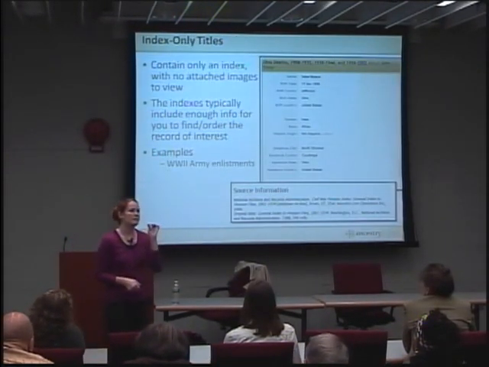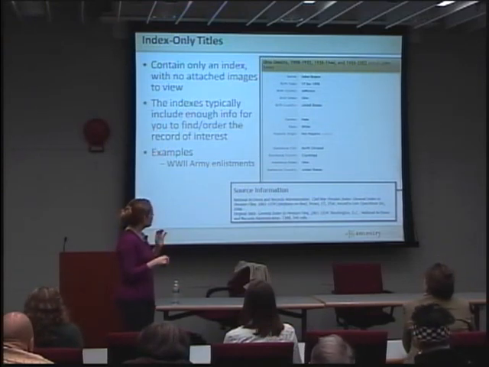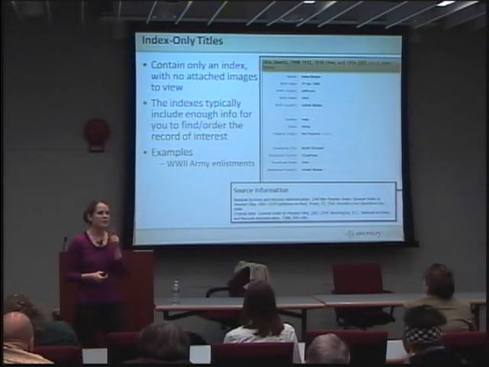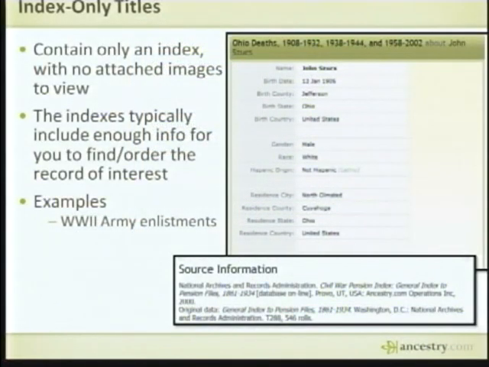Now the next type is an index only, which means that all we have is the index and we don't have an actual image. But there's enough information to help you find the actual record. Down here at the bottom, you may be familiar, hopefully you're familiar with an index page. Scroll down. A lot of people don't do this. Scroll down a little bit and you're going to see something that says source information, and it's going to tell you where it came from.